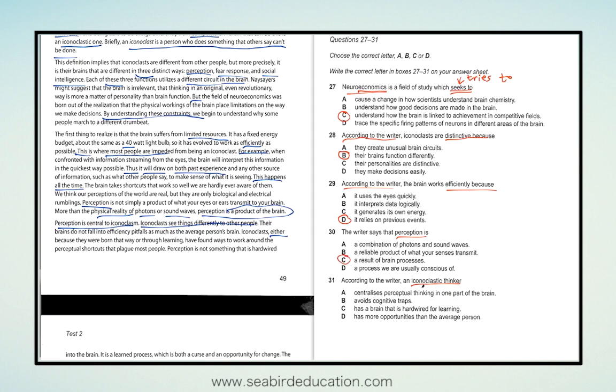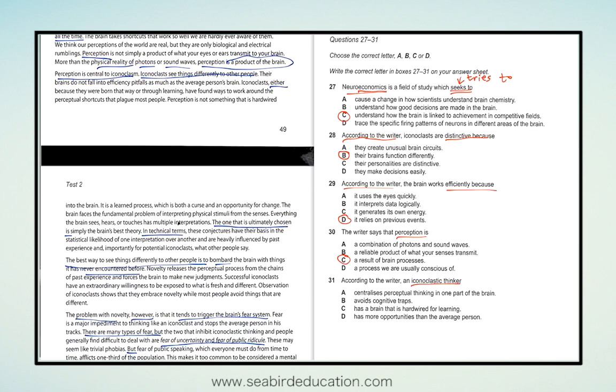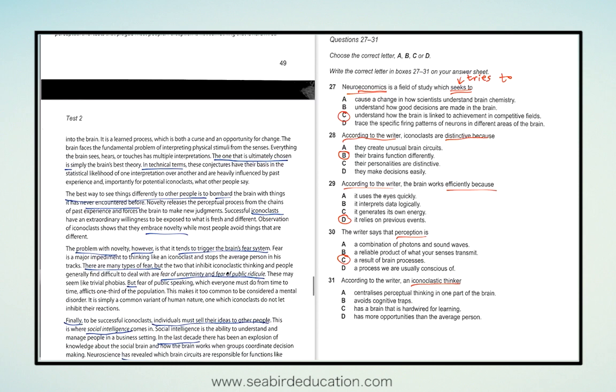According to the writer, an iconoclastic thinker successful willingness to be exposed to what is fresh and different, embrace novelty while most people avoid things that are different. Has more opportunity.